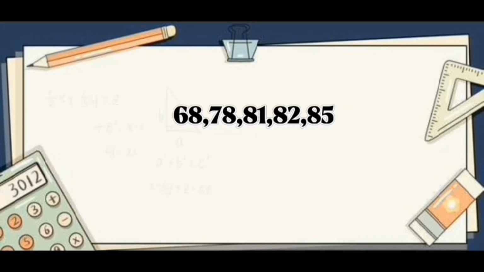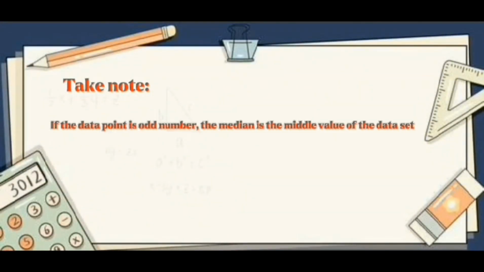To find the median, you just need to count both left and right numbers of the dataset. 1, 2, and 1, 2. Our median in this dataset is 81. Always remember that if the number of data points is odd, the median is the middle value of the dataset.